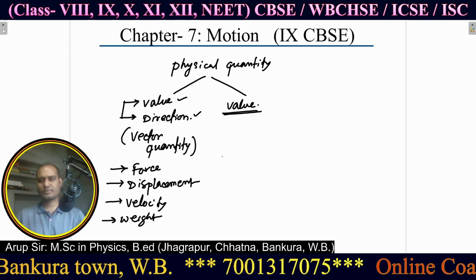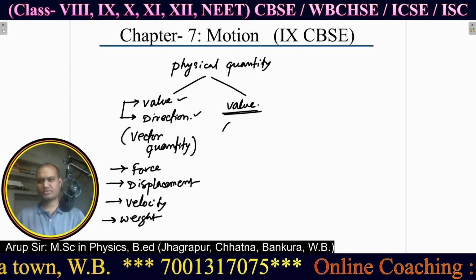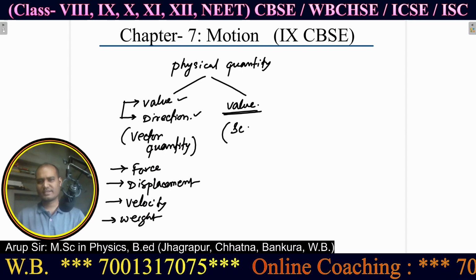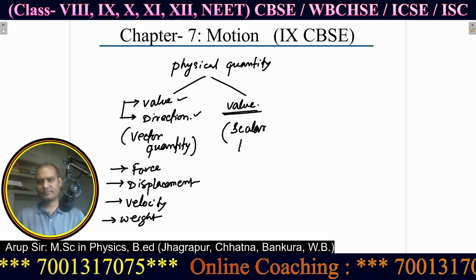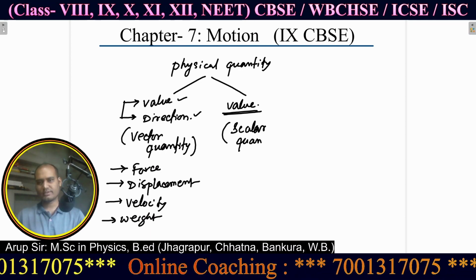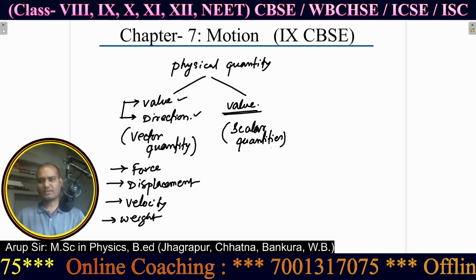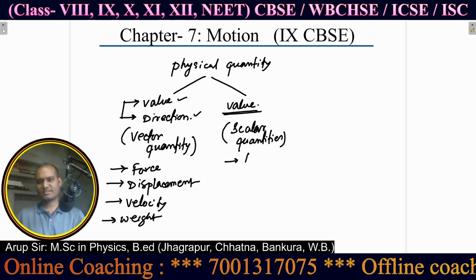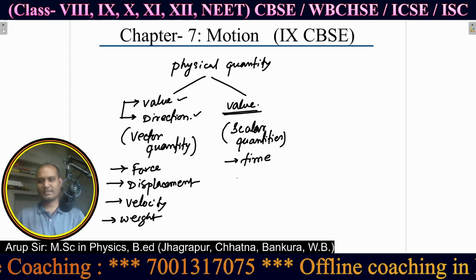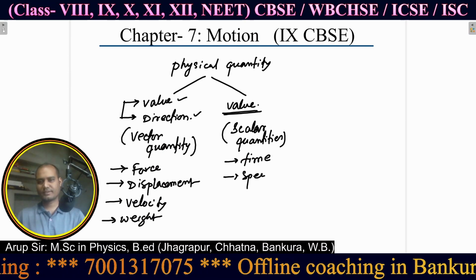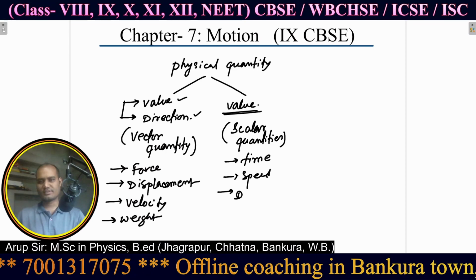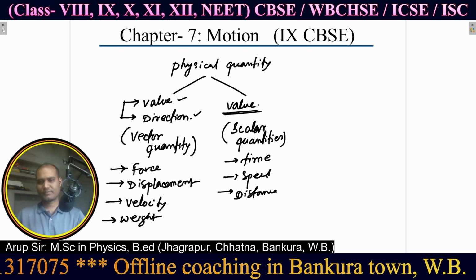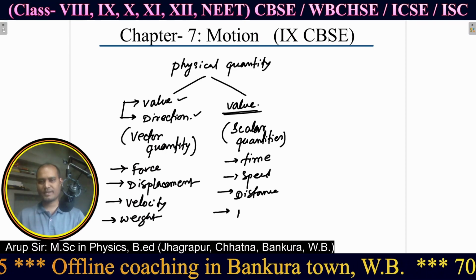And in case of only value, those are known as scalar quantities. In case of scalar quantities, time is the first example I can take, then speed, then distance, and next pressure.